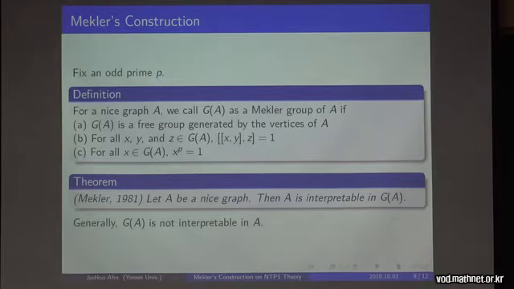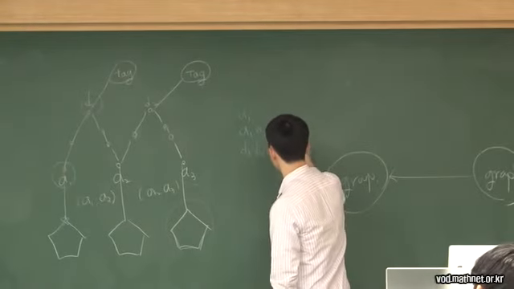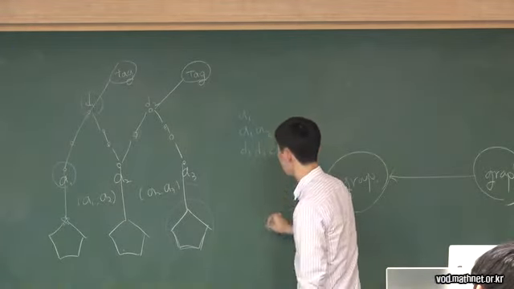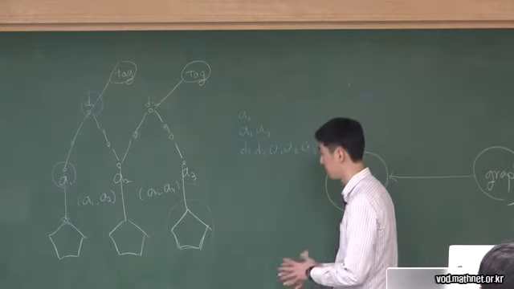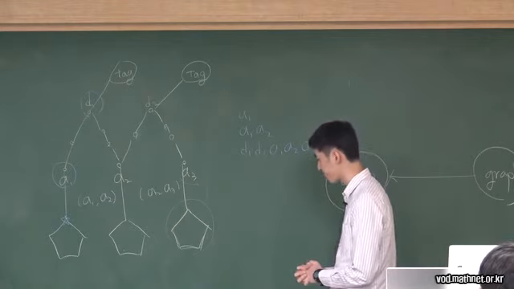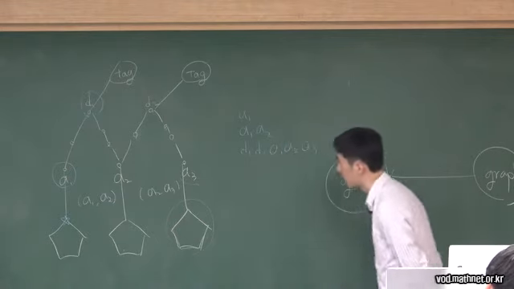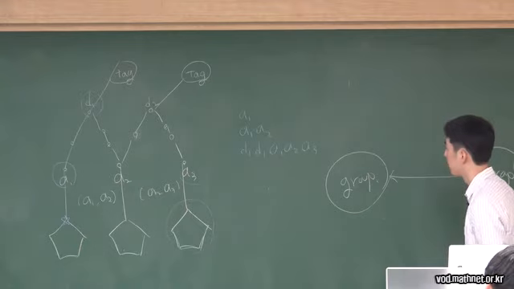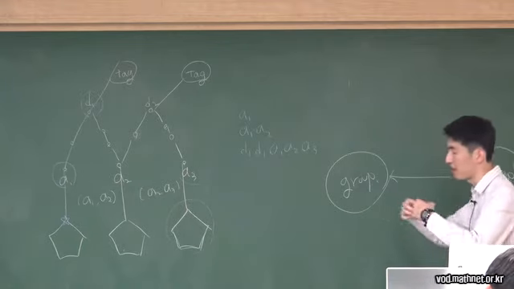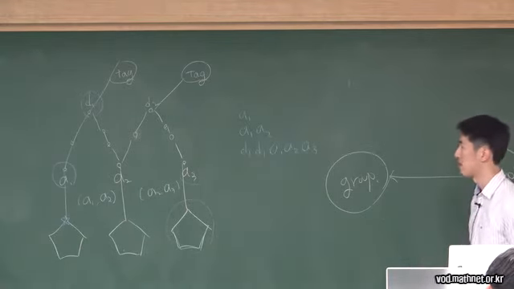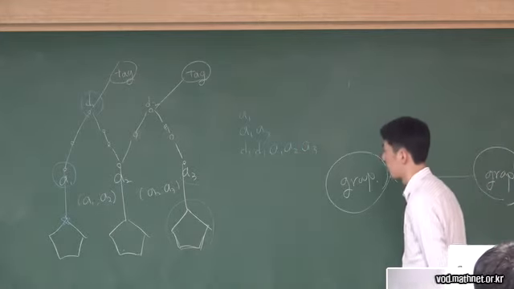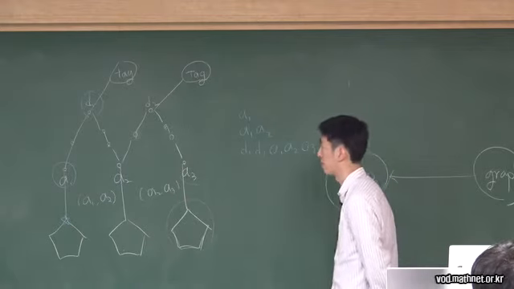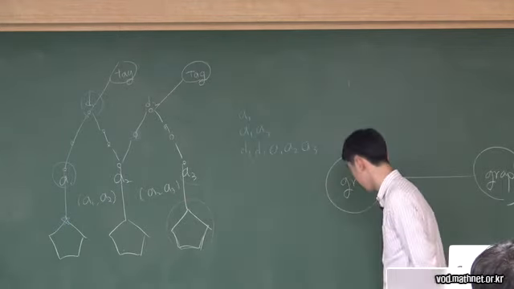So A1, A1, A2, D1, D1, A1, A2, A3. This kind of words are inside this Mekler group, and the binary function is nothing but the concatenation of two distinct elements. I mean words or strings.